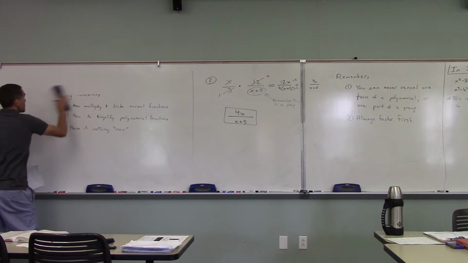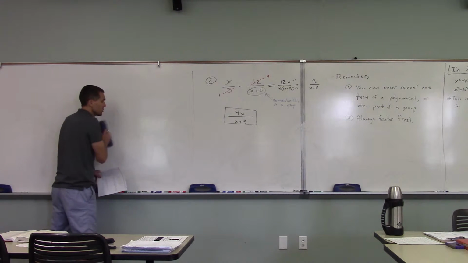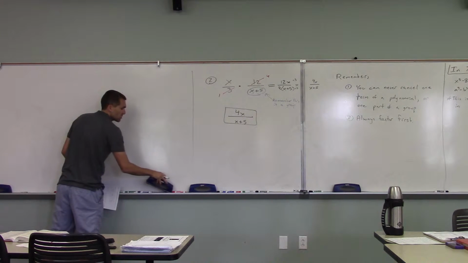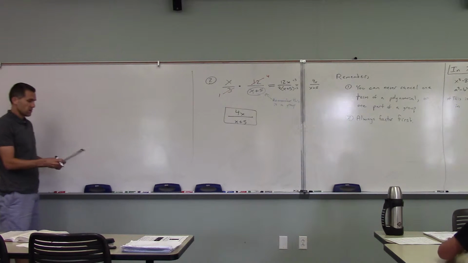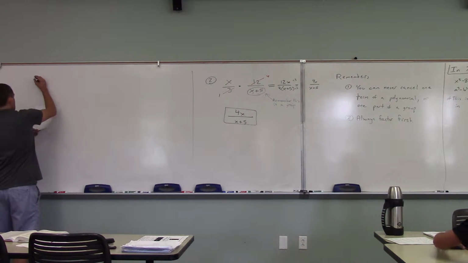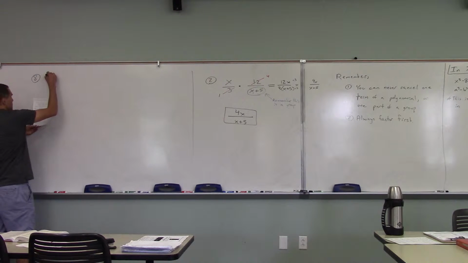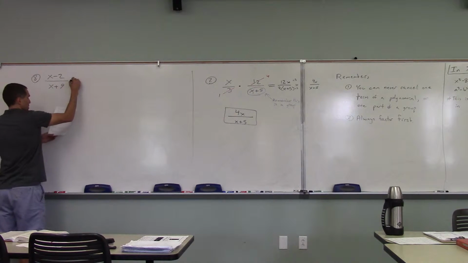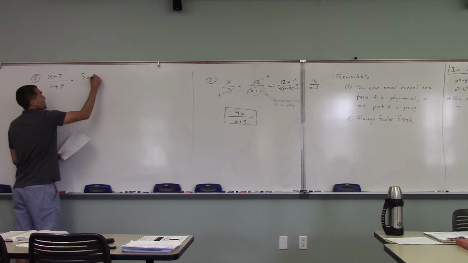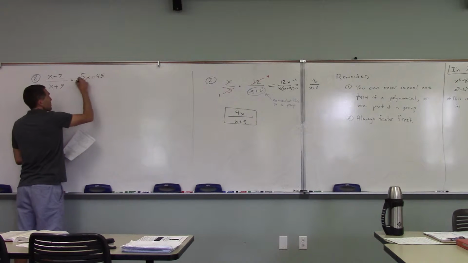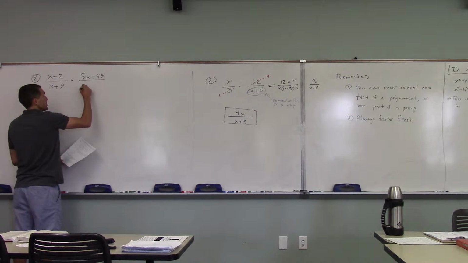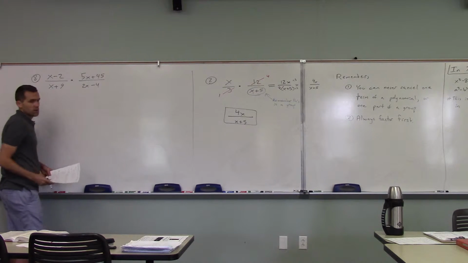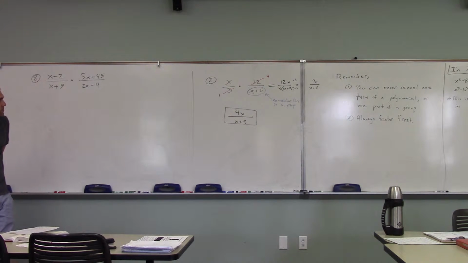So let's just do some more examples. Again, nothing really new or different, just practicing the same things we were doing in 7.1. Alright, so here's number 8. We got x minus 2 over x plus 9 times 5x plus 45 over 2x minus 4.